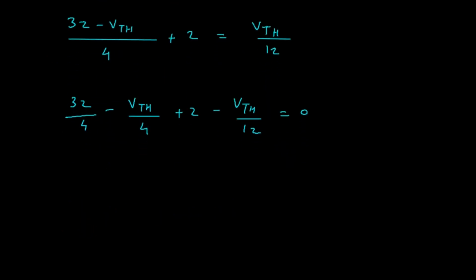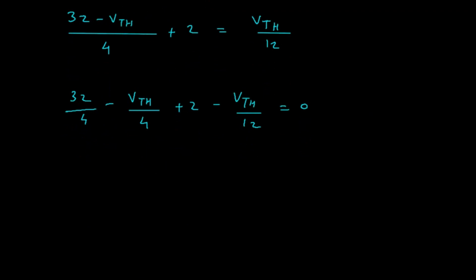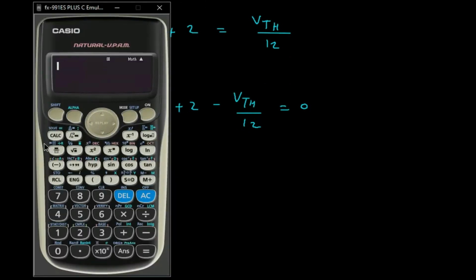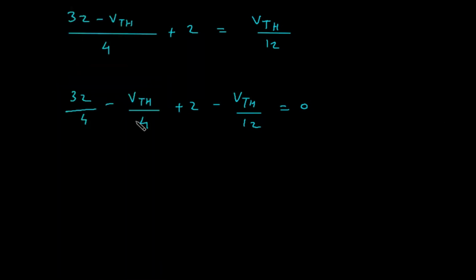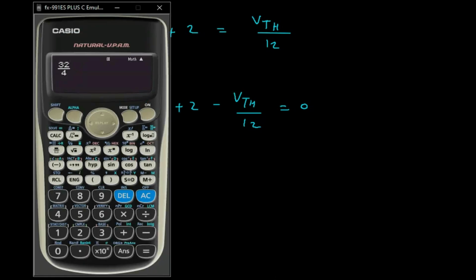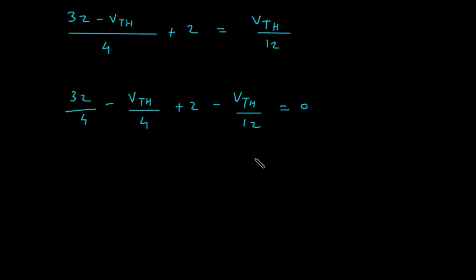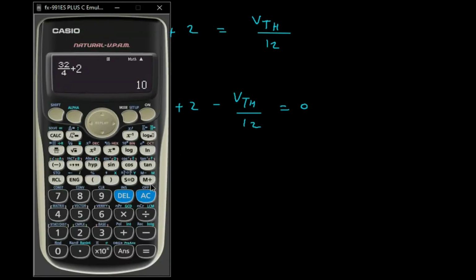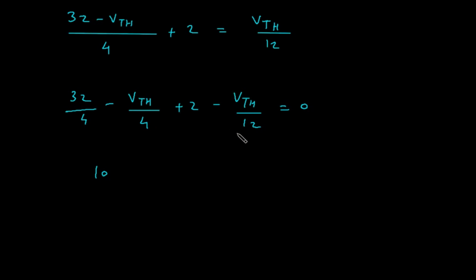So this will be 32 by 4 plus 2. So this is 10, and this will be minus 1 by 4, then minus 1 by 12.